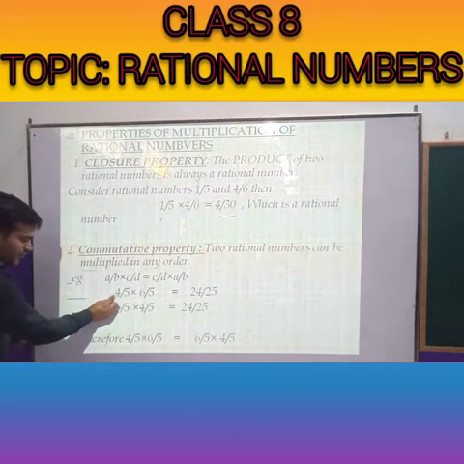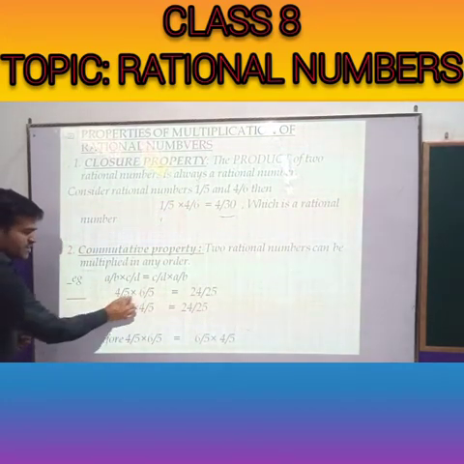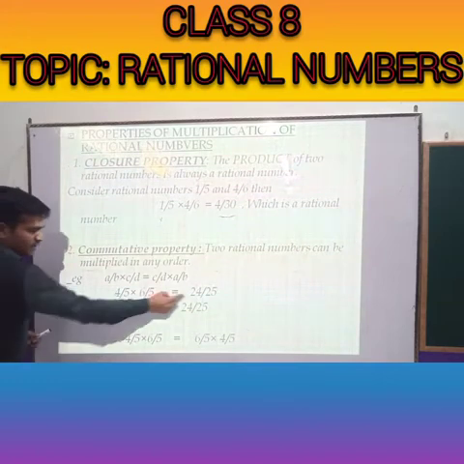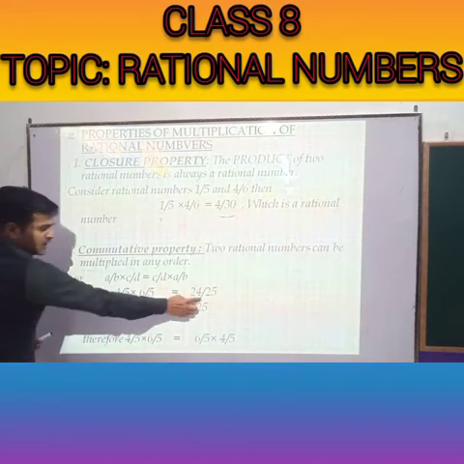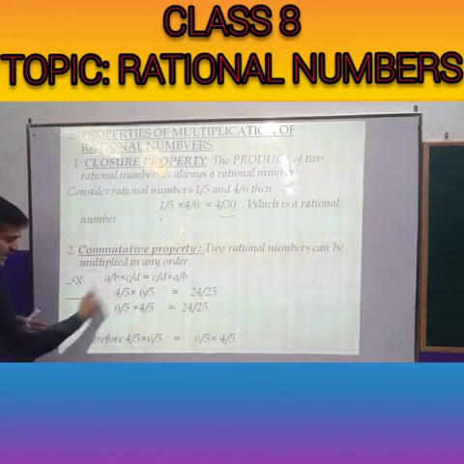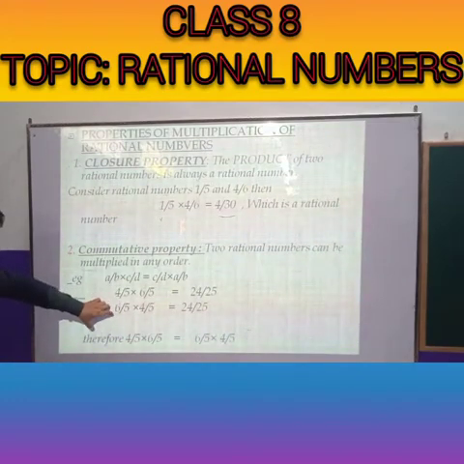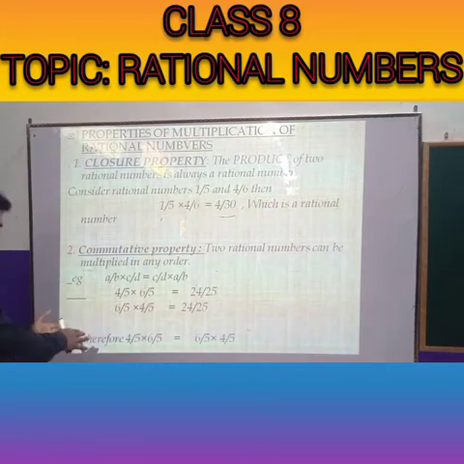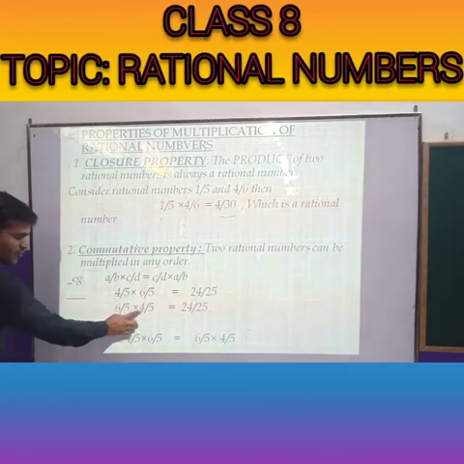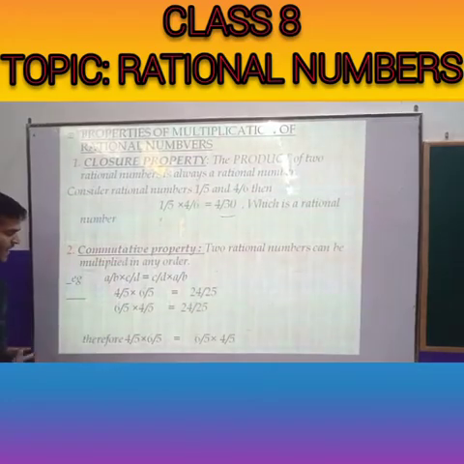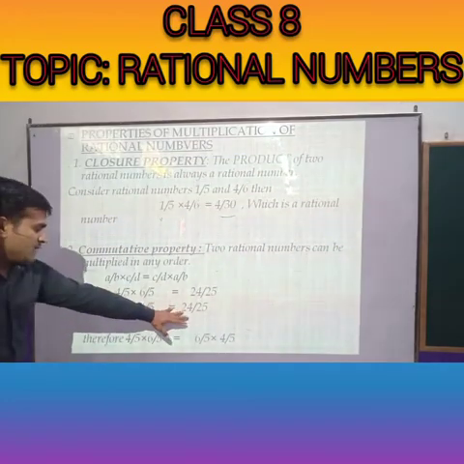When we multiply 4 upon 5 into 6 upon 5, the product is 4 times 6 is 24 upon 5 times 5 is 25. Now we change the order. We write 6 upon 5 first and then 4 upon 5. So we get 6 upon 5 into 4 upon 5. Now we multiply it and get 24 upon 25.